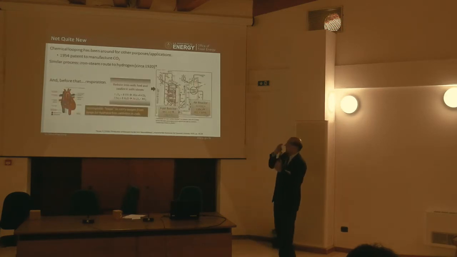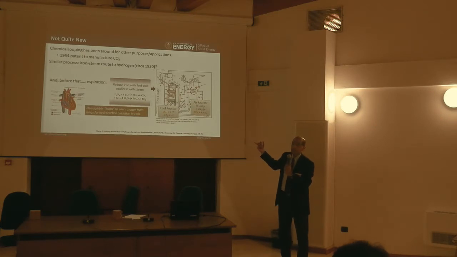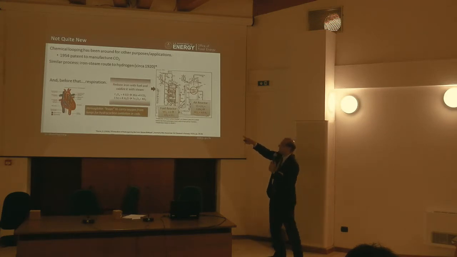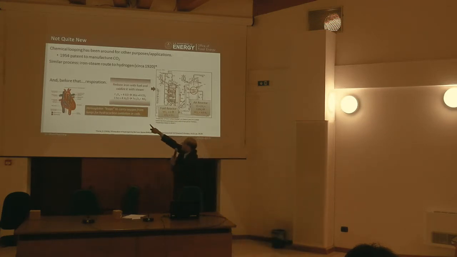Again, you'll see that this is not anything new. In 1956, there was a patent on this where they used iron oxide, and what they wanted to do was generate pure CO2 from this. Once you take the ferrous oxide and react it with carbon monoxide, it becomes iron. And then the iron is reacted with water to form hydrogen.